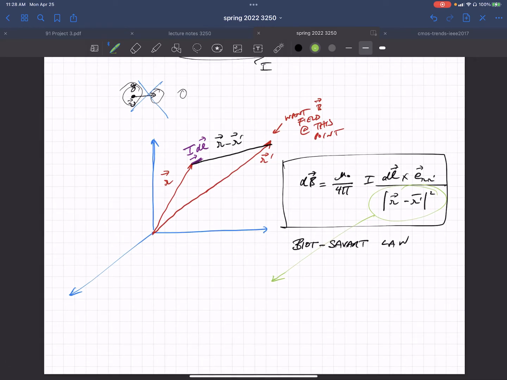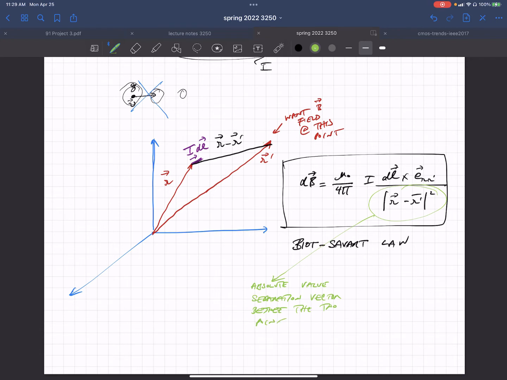This is the absolute value, or scalar value, of the separation vector between the two points.